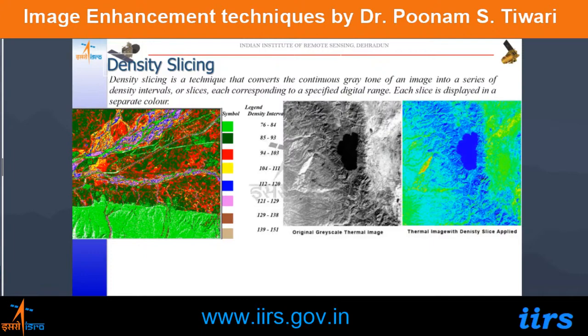As you can see here, in this image we have created the density interval from 76 to 84. It would be bright green, 85 to 93 dark green, and so on. And the net result is available to you.